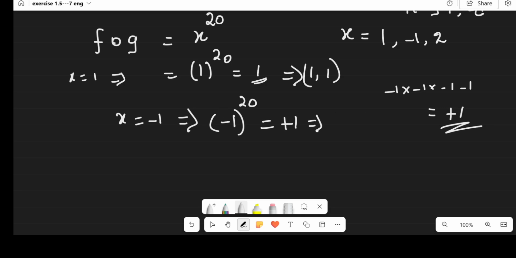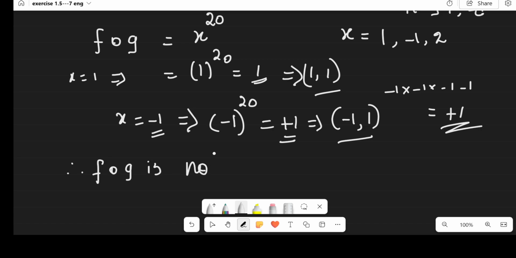So here the point is, this is input, this is output. So I'm getting minus 1 comma 1. Here also same thing. I'm getting repeated output here and here. The output is 1, here also 1. So from this we can say f of g is not 1 to 1. That's it.